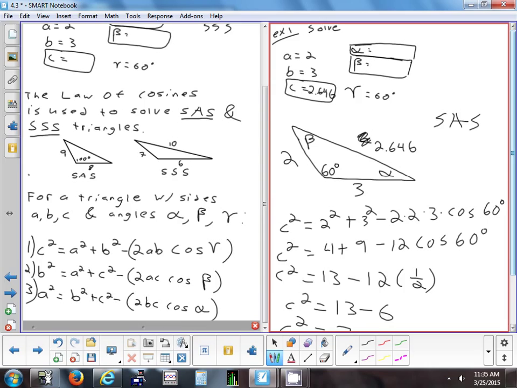Now you could treat this triangle as a different type. You know all the sides now. You could treat it as side, side, side. If we thought about it that way, what law would we use for side, side, side? Law of cosines. We'd use law of cosines again. Well, you can think about it one other way. Side, side, angle. What law would that one fall under?